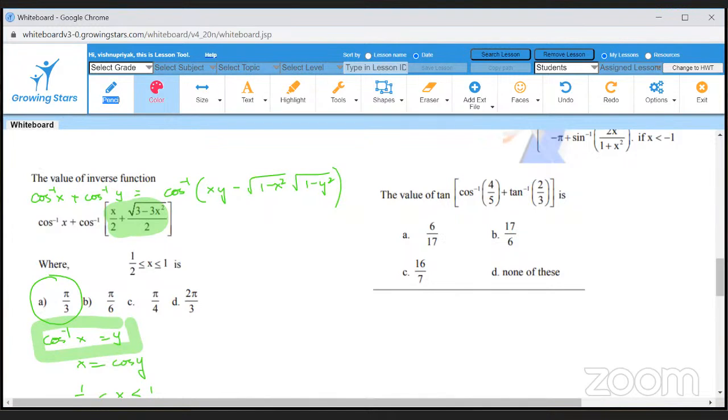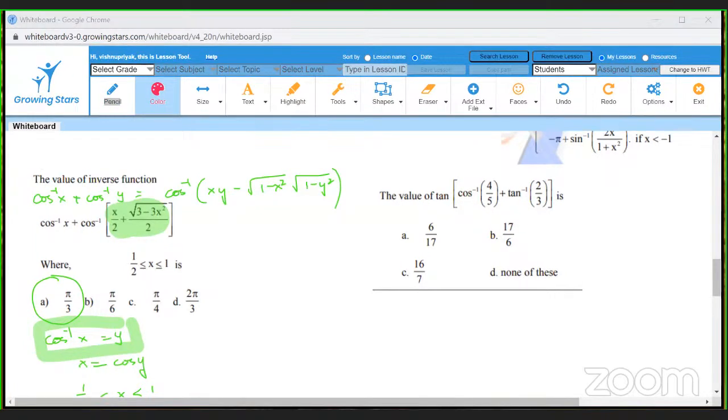First one I did it right. The second one is very easy. You can try and see.